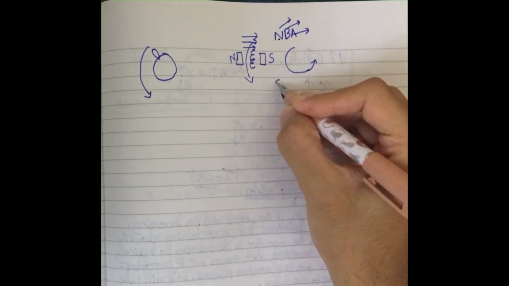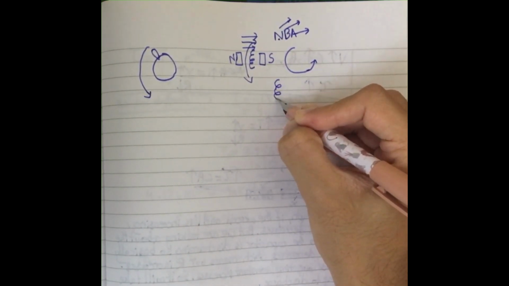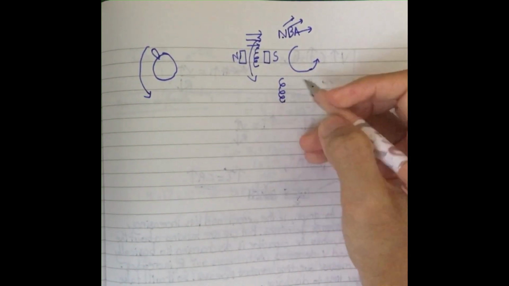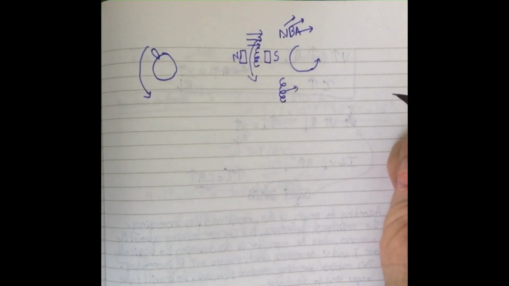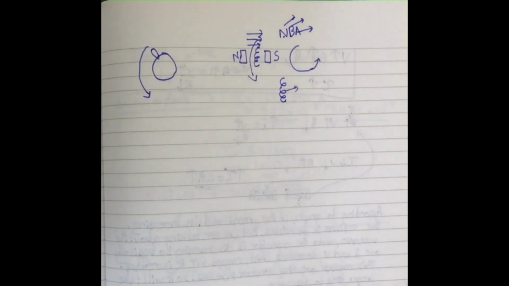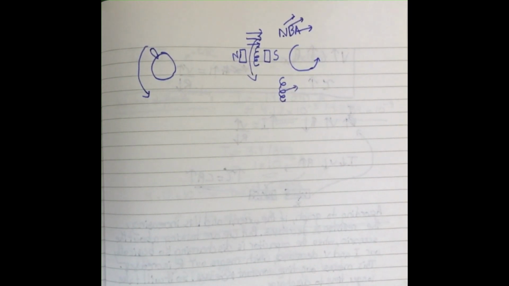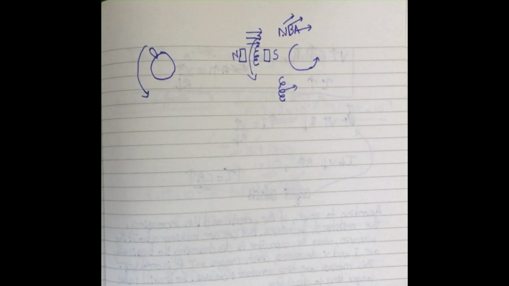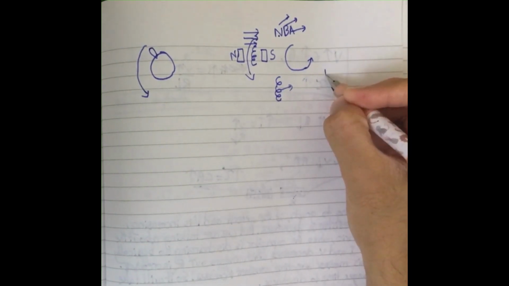This is one turn, this is two turns, this is three turns. When many turns get cut by the magnetic field, this is called magnetic flux linkage. Once they get cut and cause magnetic flux linkage, an EMF is induced, so you get EMF from it.